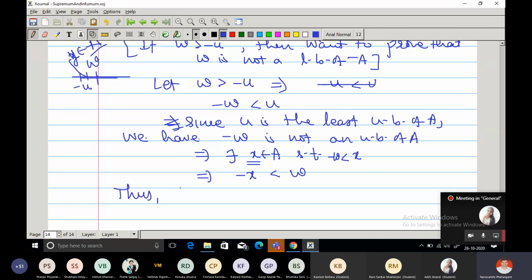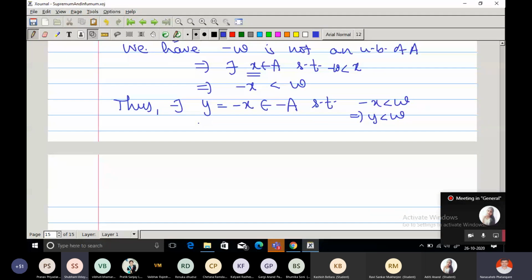Thus, what is the conclusion? There exists y, which is minus x, in minus A, such that y is less than W, because y is minus x. What is the conclusion of this?